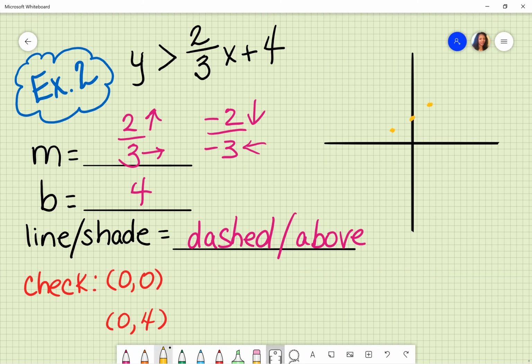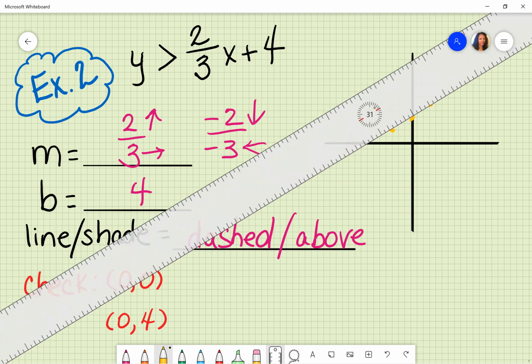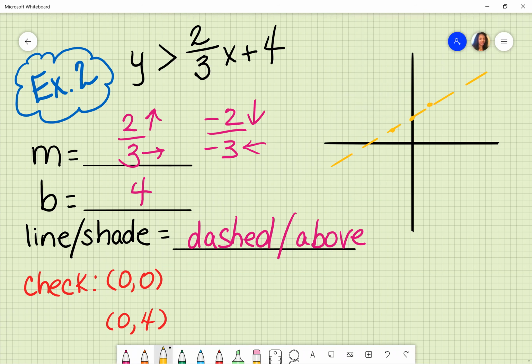Again, I should see a line, but this time my line is going to be dashed. So make sure you have erasable utensils because you're going to try to draw a solid line. I'll tell you, watch. Okay, because I know I do it all the time. So that is going to be my dashed line, and based off my notes, I'm supposed to shade above. So let's see if that's true.